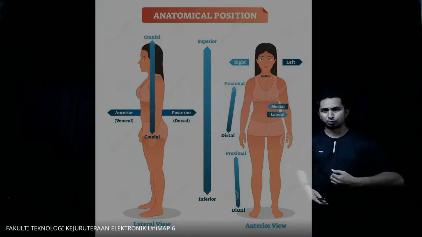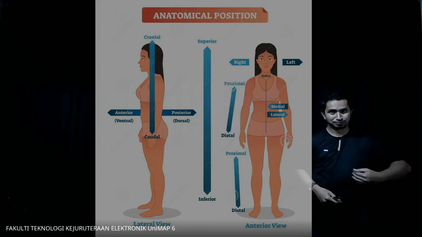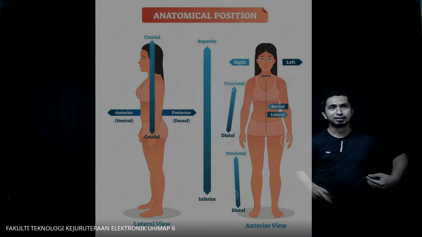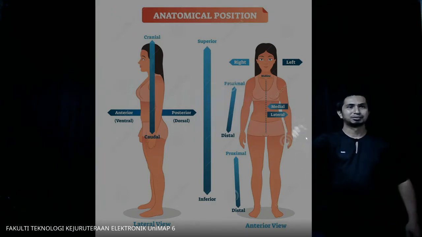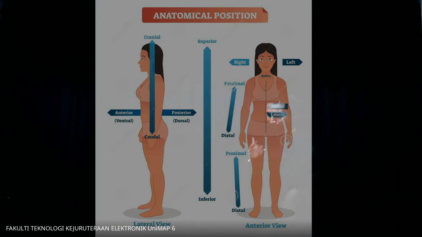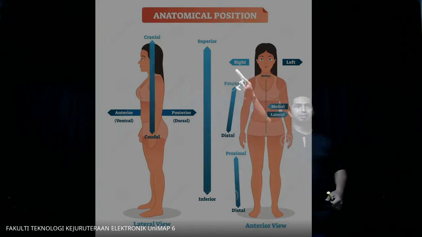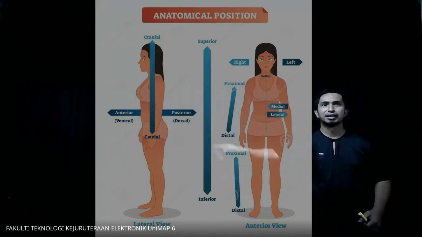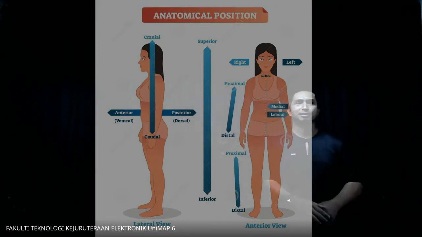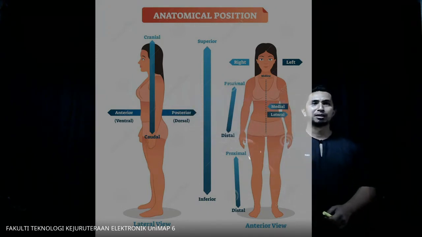Going farther away from the midline, menjauhi garisan tengah, is lateral. From this figure, you can see the difference between medial, lateral, superior, inferior, anterior, posterior. We have distal and proximal.